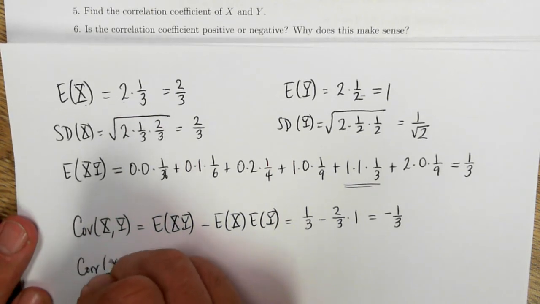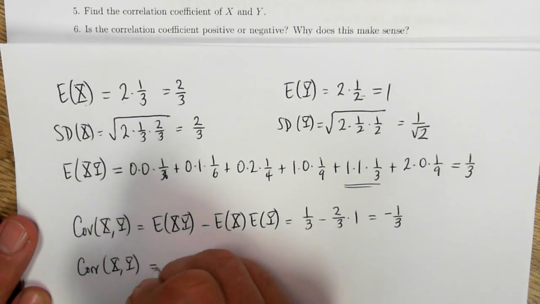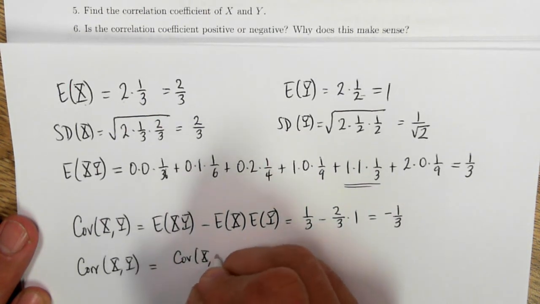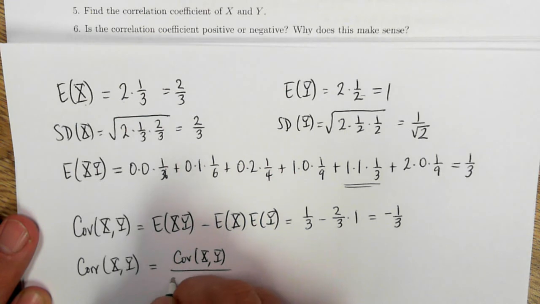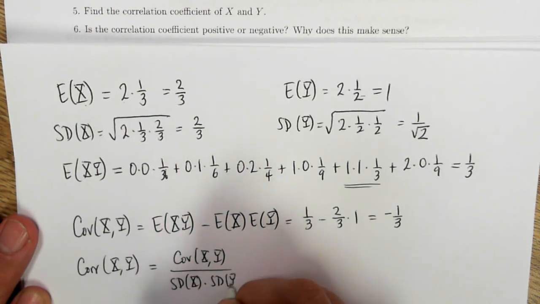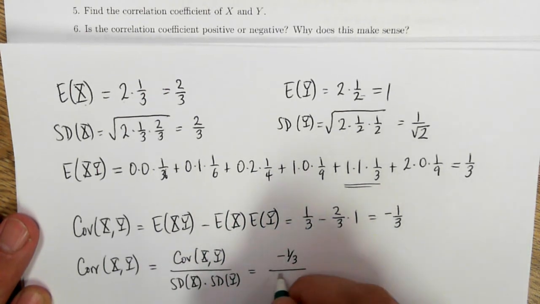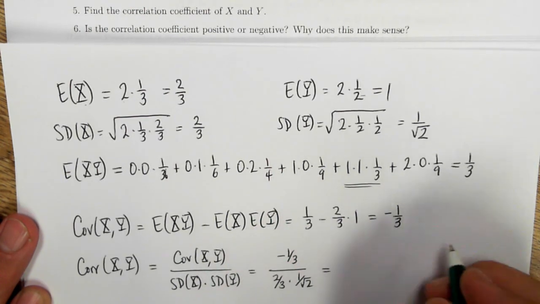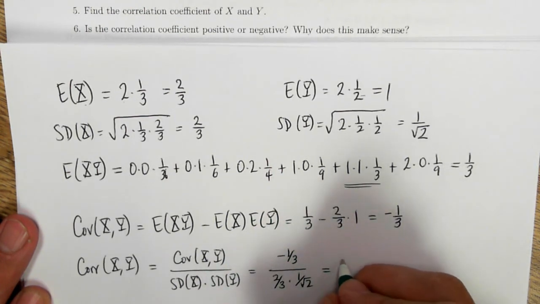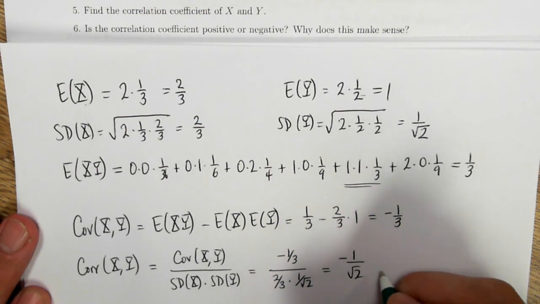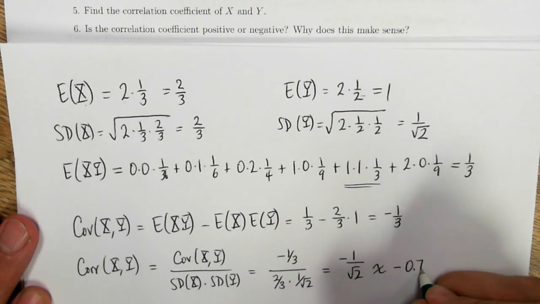And finally, the correlation between x and y will be equal to the covariance of x and y divided by the standard deviation of x times the standard deviation of y. So that's negative 1/3 over 2/3 times 1 over the square root of 2. And simplifying, we get this is equal to negative 1 over the square root of 2, or approximately negative 0.707.